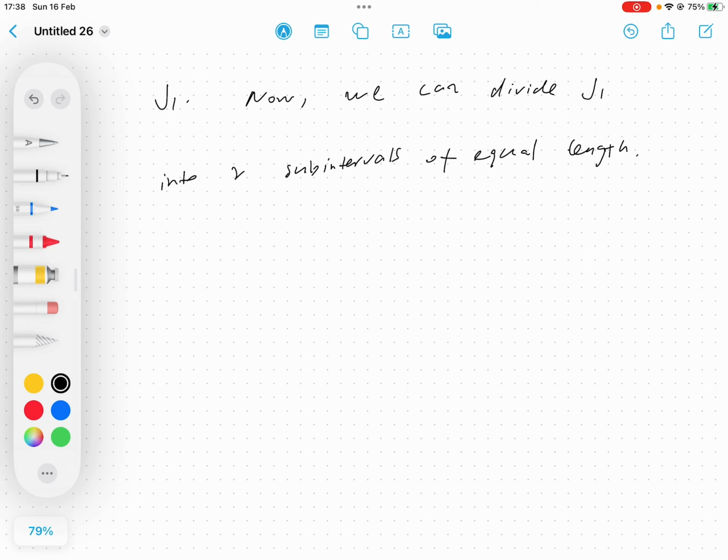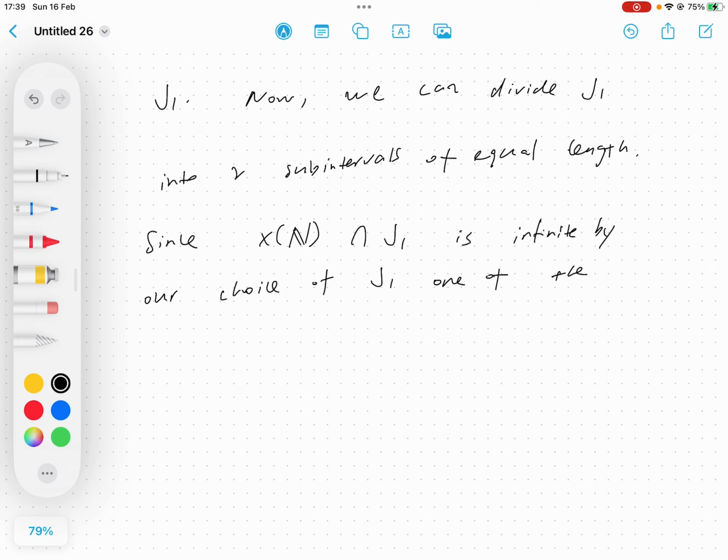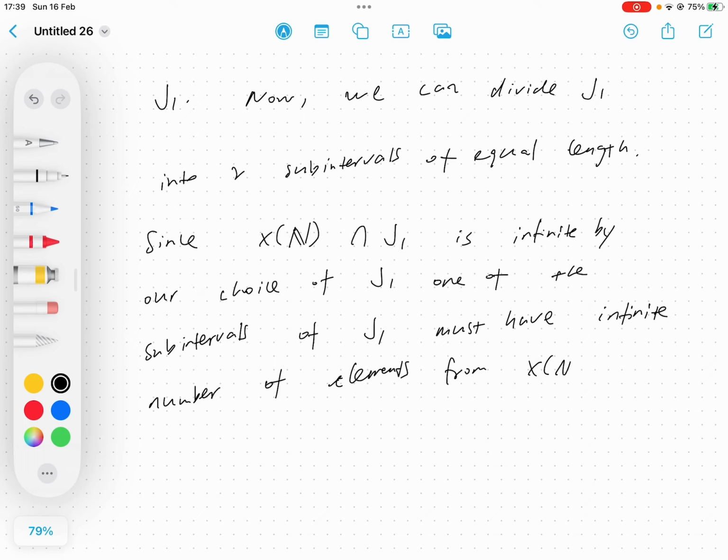Good. And then we can notice that since this x_n intersects J1 in an infinite set, by our choice of J1, as we just mentioned, we have to choose J1 to have infinitely many of those points, one of the subintervals of J1 must have an infinite number of elements from this intersection, right?